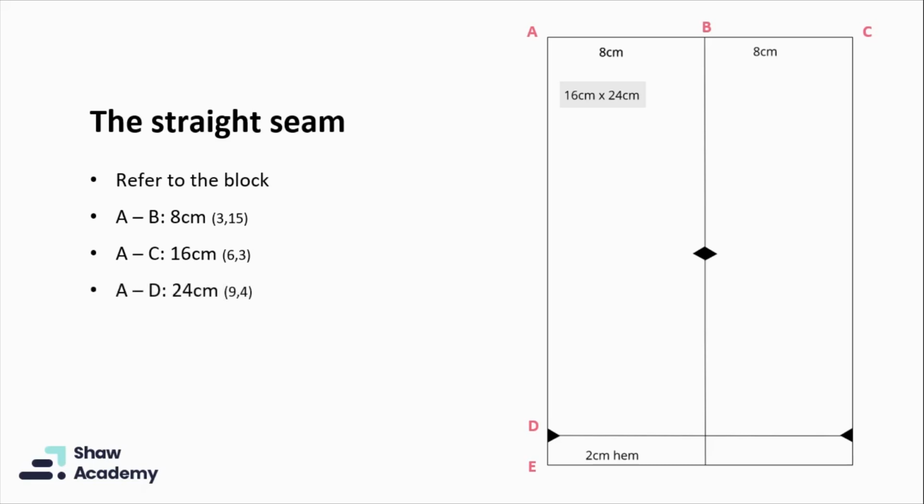A to D is 24 centimeters. So exactly the same as the previous block, 16 by 24 centimeters. And then we add our 2 centimeter hem allowance D to E.